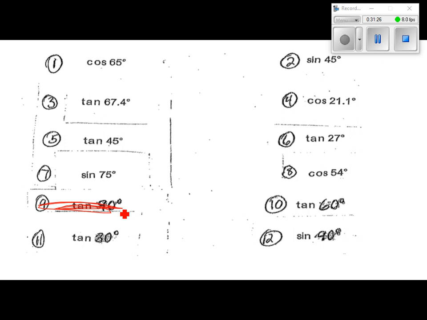Let me see that one real quick, just to make sure somebody hasn't changed it. No, it's all right. Oh, shoot.